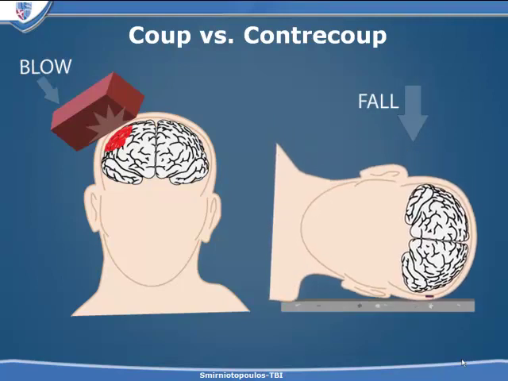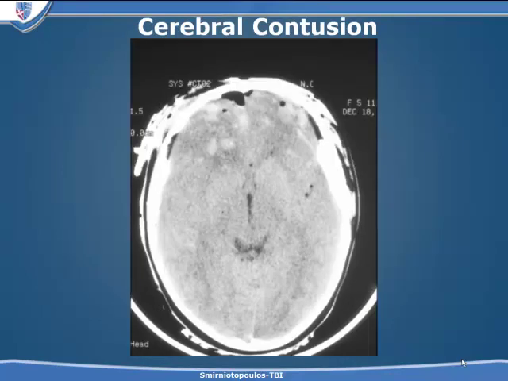It's a little bit more difficult to understand the physics responsible for producing the Contre-Coup contusion. Contre-Coup contusions are classically associated with the moving head striking a non-moving object, such as the floor or the wall, which typically would have a large diameter or an infinite diameter in the sense of being a flat surface.